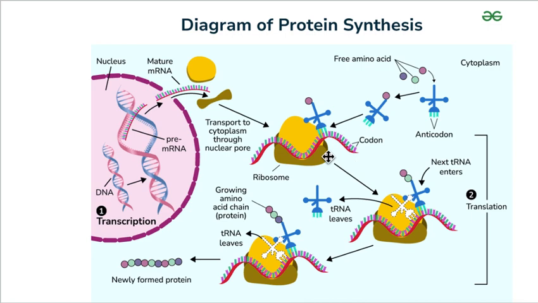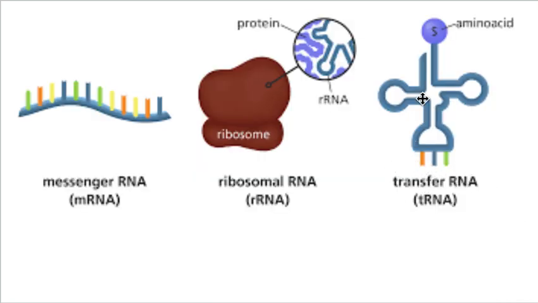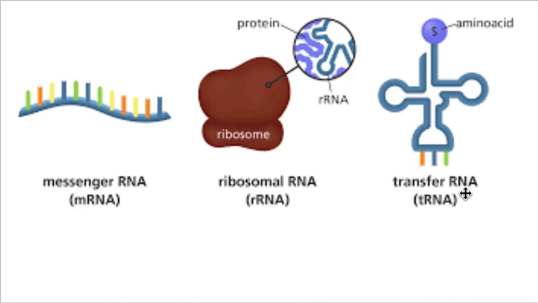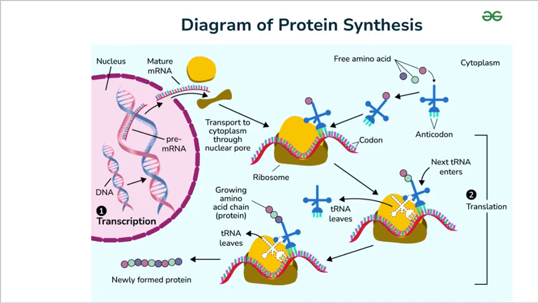C pairs with G, because cytosine pairs with guanine, and then T pairs with A, that would be adenine, and then another C pairs to G. If you don't get this, basically it reads it in threes, and for each and every three pieces you have, there is one transfer RNA, and that has a certain amino acid on top. And basically, it keeps on doing that, reading three by three bases.